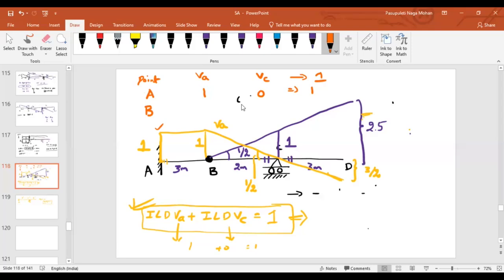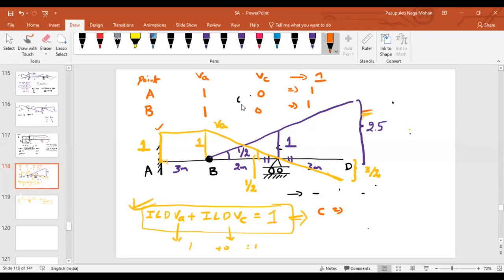Look at point B, see the two different colors. The ordinate of ILD of VA is 1, right? And what about the ordinate of VC? See this color. This is 0. So 0 plus 1.